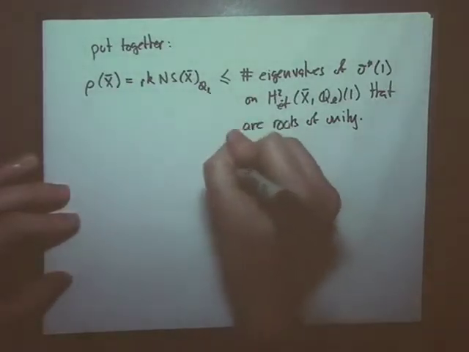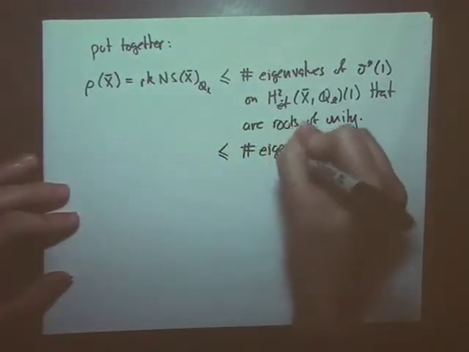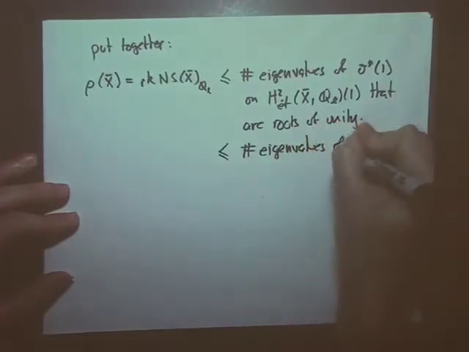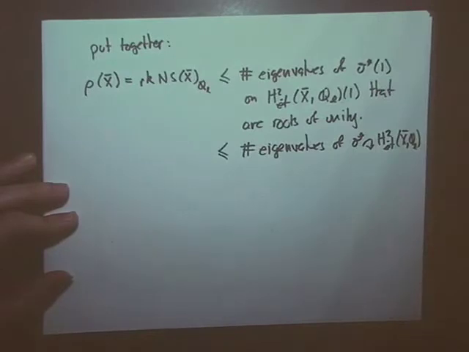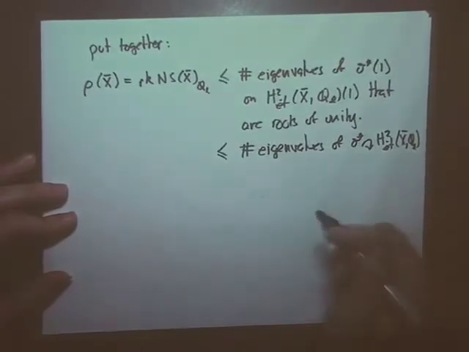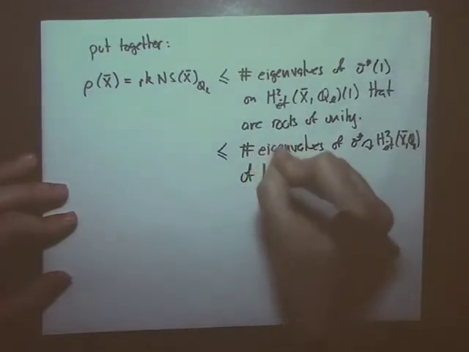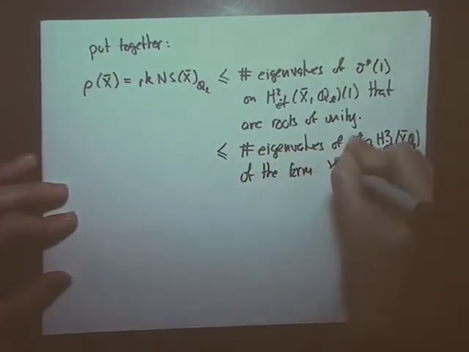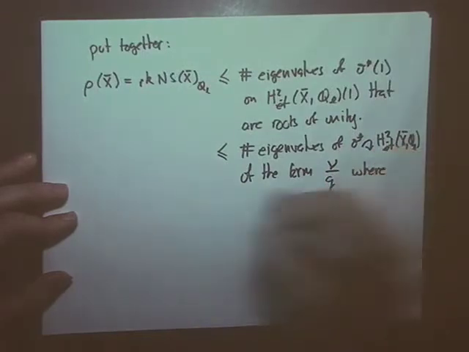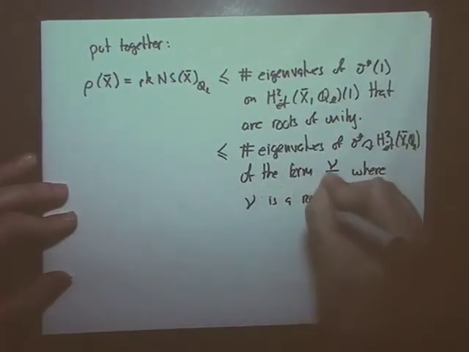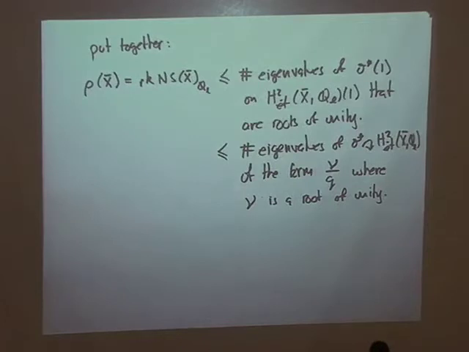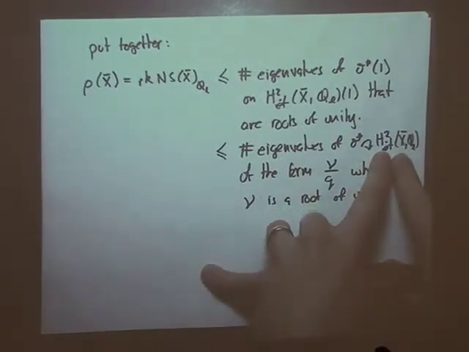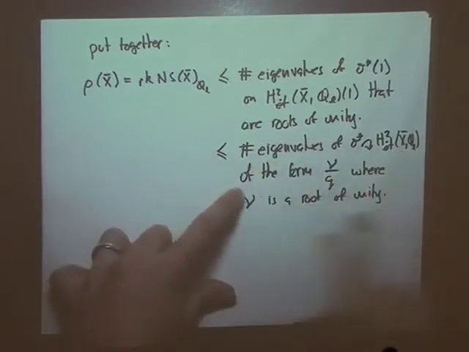So this is going to be less than or equal to the number of eigenvalues of sigma star acting on H2 étale of X bar, QL, that are of the form nu over q, where nu is a root of unity. Okay, good. So we still don't have a handle on what this thing is, but I promise we will get a handle on exactly this quantity.